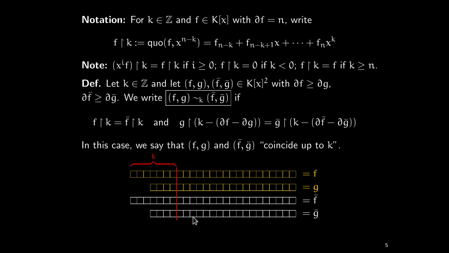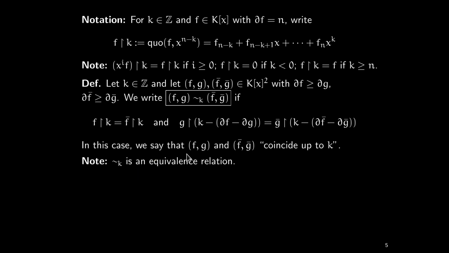I want to make a statement about how much the next pair of the Euclidean algorithm, which consists, instead of f and g, of g and this division remainder, how much they coincide, if I assume that f, g and f bar, g bar coincide up to a certain k. Okay, this is an equivalence relation.